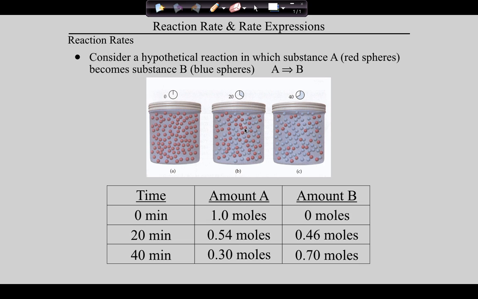And if the concentration of red stuff has gone down, what will happen to the rate at which red stuff turns into blue stuff? It goes down. Guys, fundamentally, here's the deal. All chemical reactions are always slowing down, because they're consuming themselves.